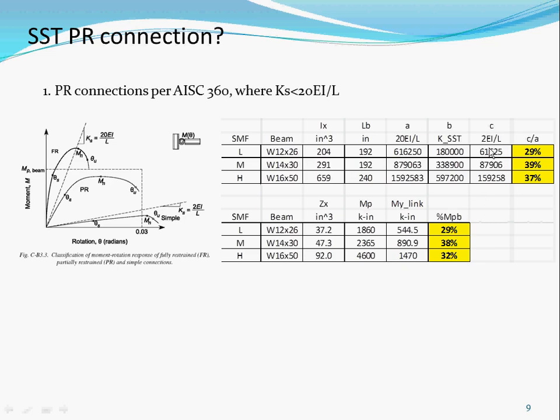So this is EI. Ours is the yellow highlight, 29% when you come up. I think you have the calculator. It should be A, not... 1862.